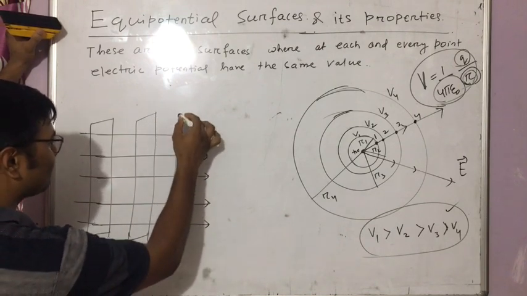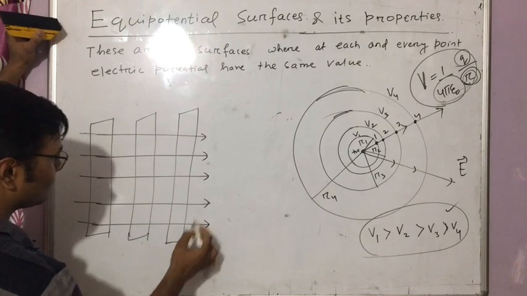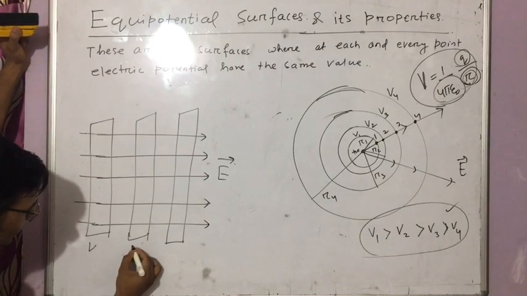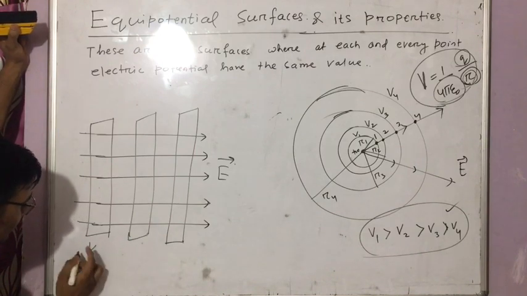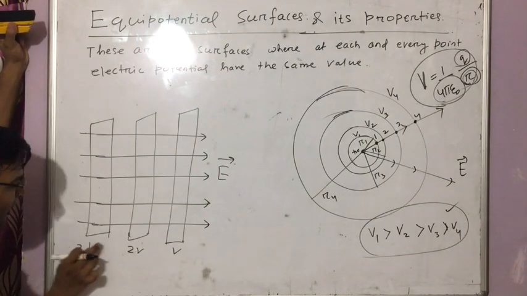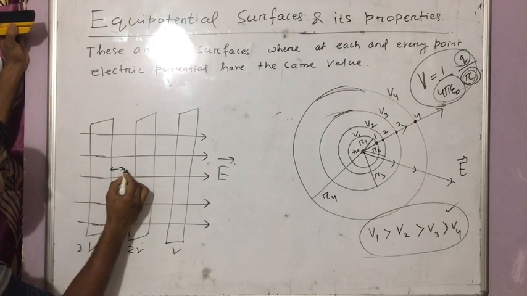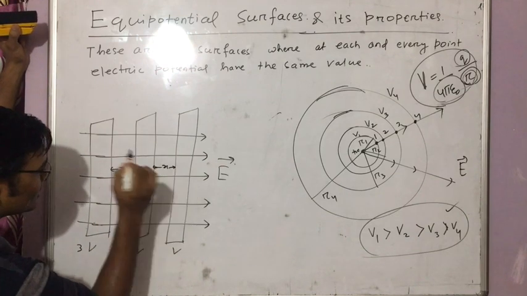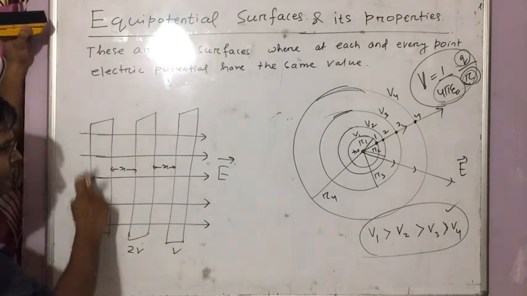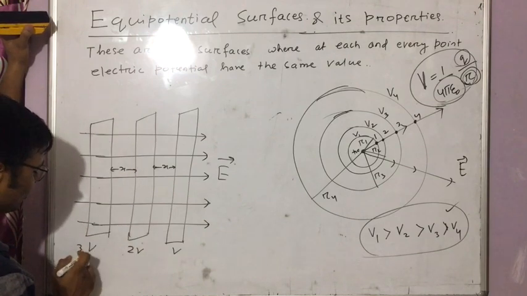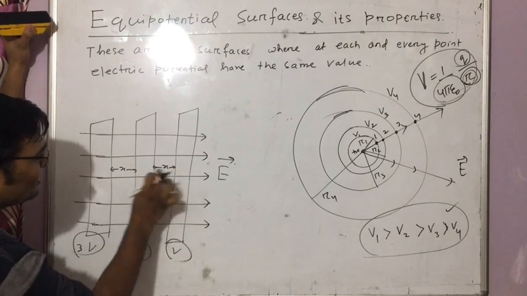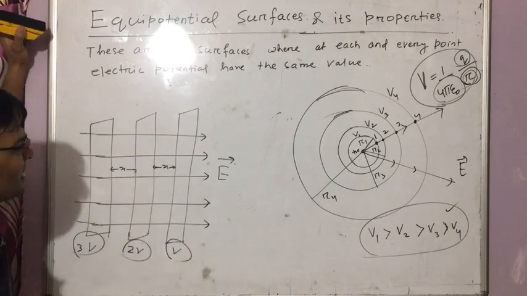Let's say the field is uniform here. If it is 3V, this will be 2V and this will be V. Gradually the potential is decreasing, but you see here, if the gap is X here, the gap is X here too, because the field is uniform. This is one equipotential surface where at each and every point of the surface the potential is 3 volt. Here the potential is 2 volt. Here the potential is V volt. But the gap between them is equal.